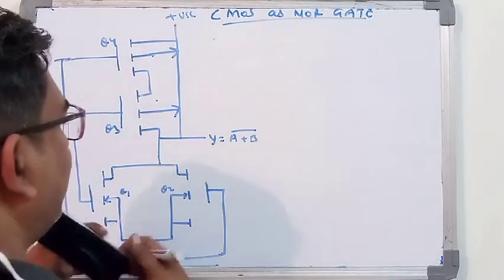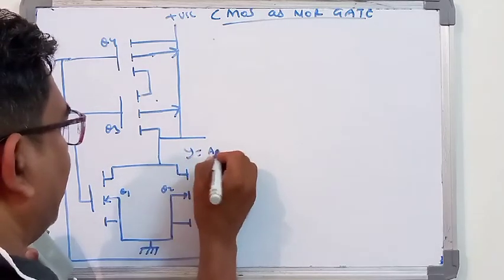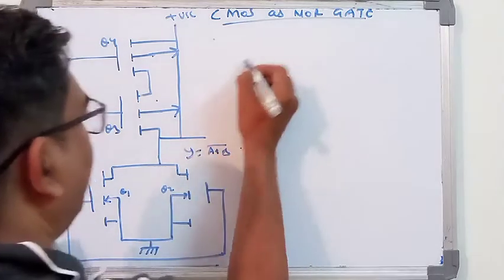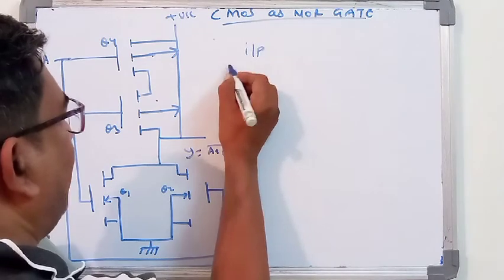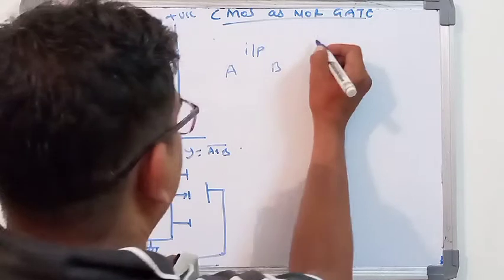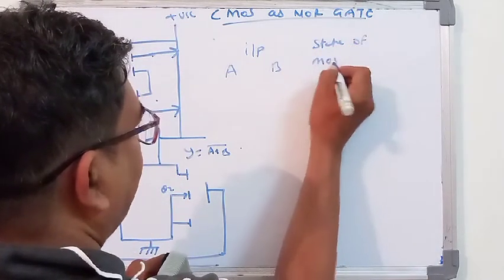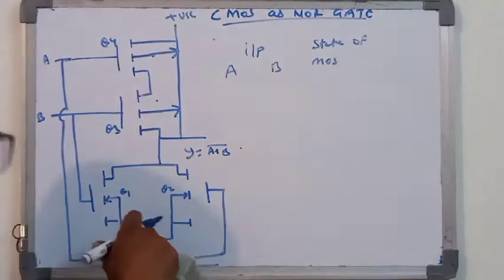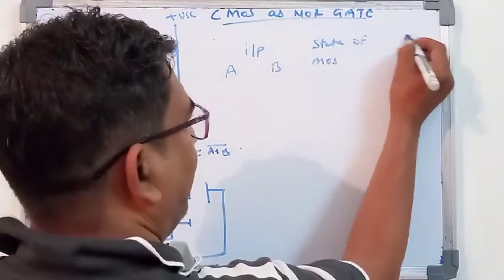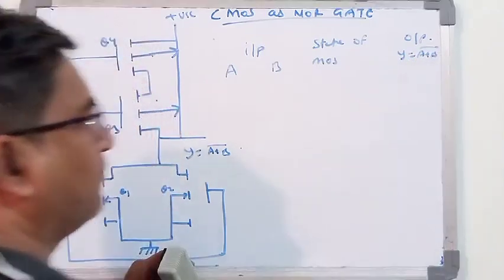So we will draw, just wait a minute, y is equal to a plus b whole bar. Here the inputs are A and B, the state of the metal oxide semiconductors, the 4 transistors we have to write down, and the output y is equal to a plus b whole bar.